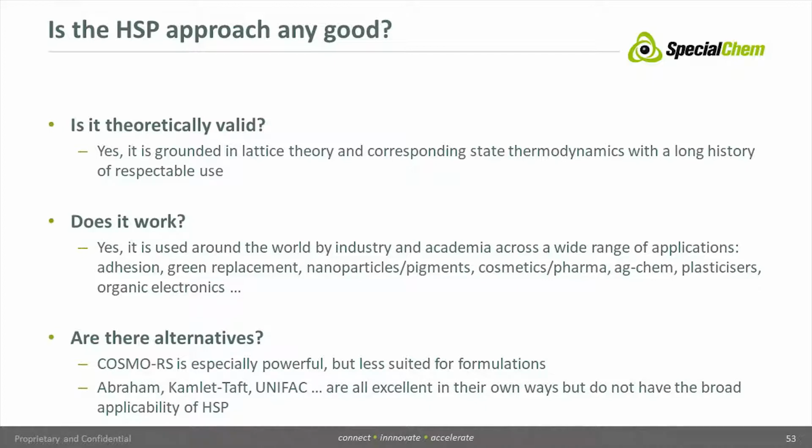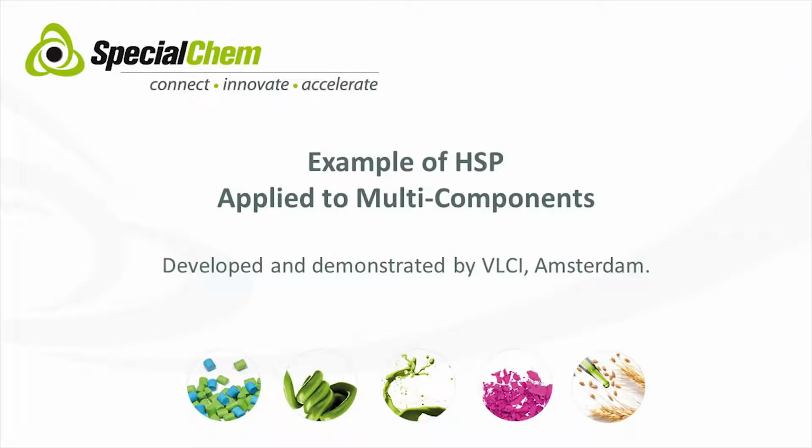So far, I've mentioned simple cases of one component in another component. But in our formulation world, we seldom have the luxury of just two components. This is where HSP are especially powerful, and I want to give a specific example developed and demonstrated by VLCI.